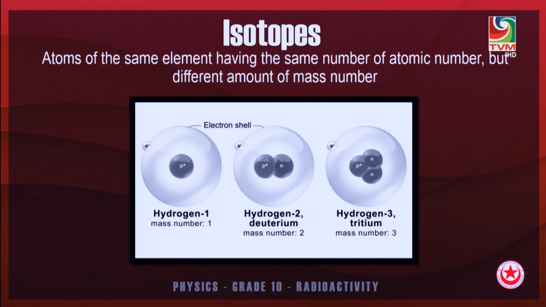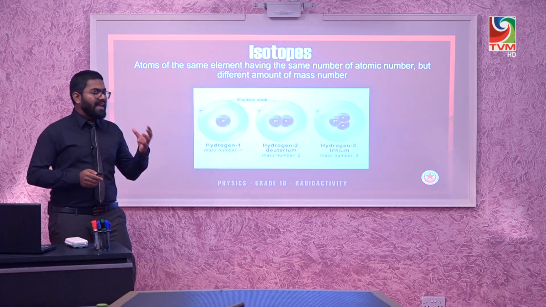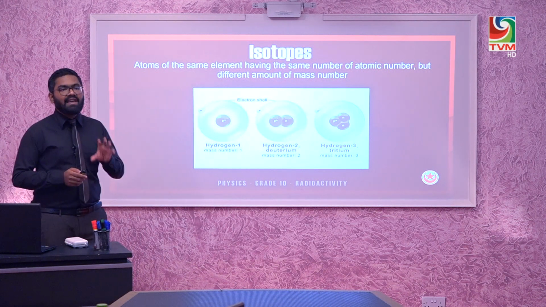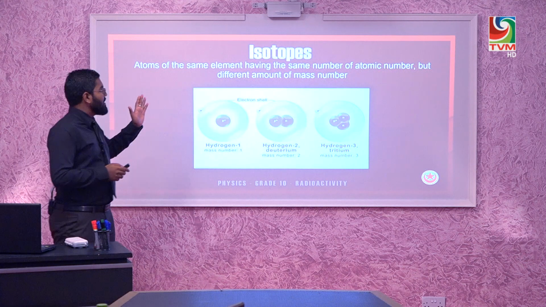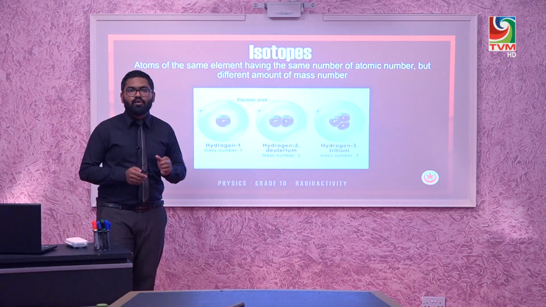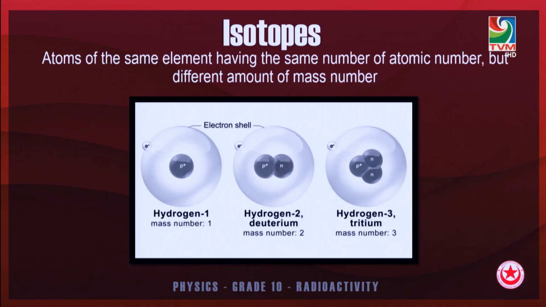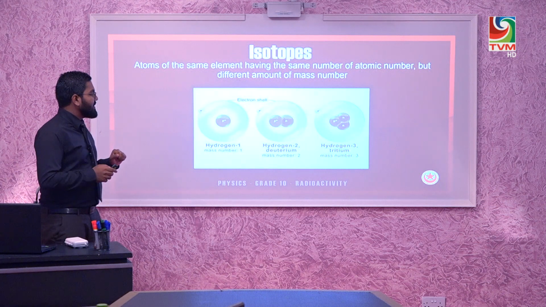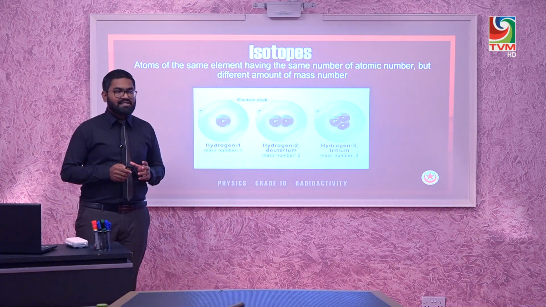The only difference between these three particles is that the number of neutrons varies. So the number of neutrons inside the nucleus is what defines whether it is an isotope or not. Deuterium has one extra neutron compared to hydrogen, and tritium has two extra neutrons.